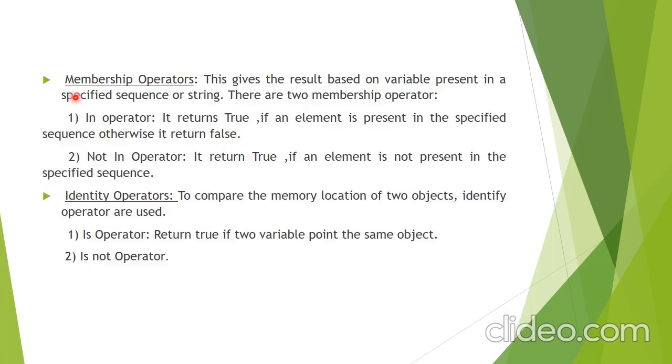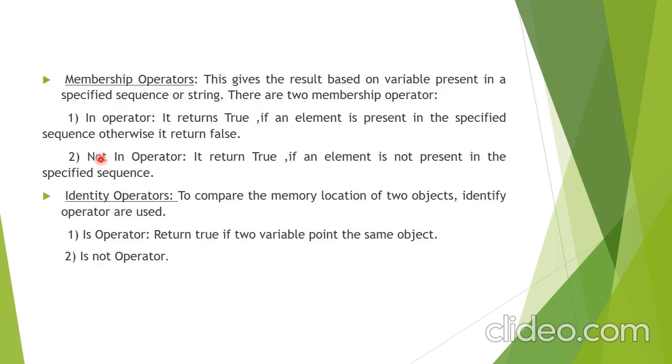Next, the membership operator. This gives the result based on whether a variable is present in the specified sequence or string. For example, if a long sequence or long data is available and I want to find whether the data is available in the string or sequence or not, I will use the membership operator.